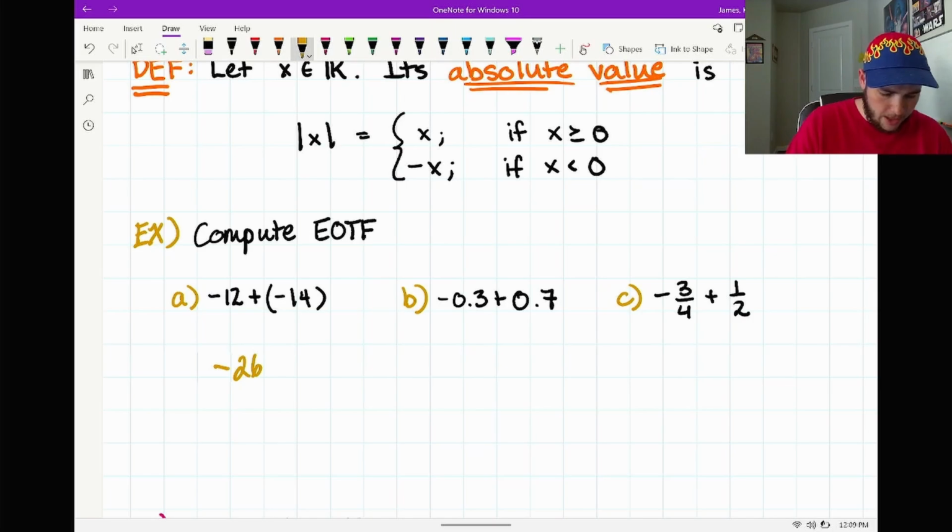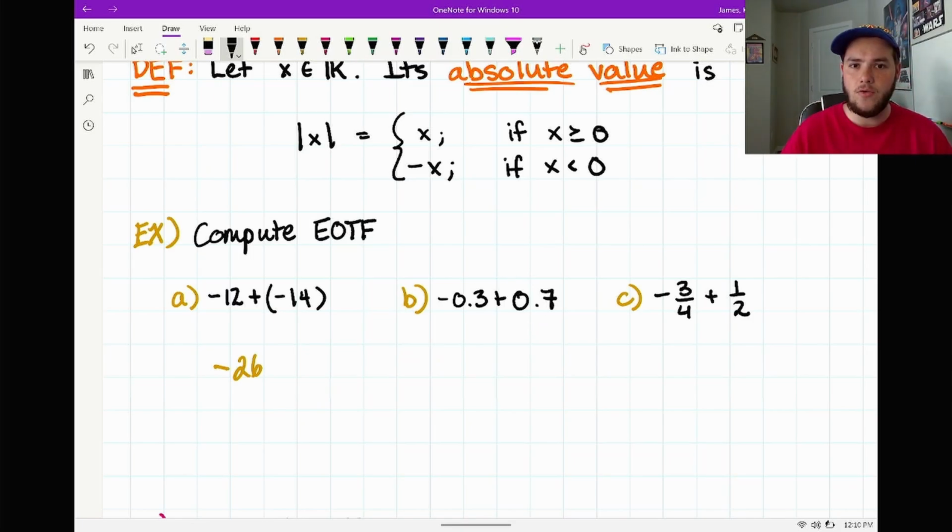Same thing goes for part B here, except now we don't have the same sign. We are starting from negative 0.3 on a number line and moving 0.7 units to the right. This ultimately sort of works like subtraction. Notice I've got one positive number and one negative number.